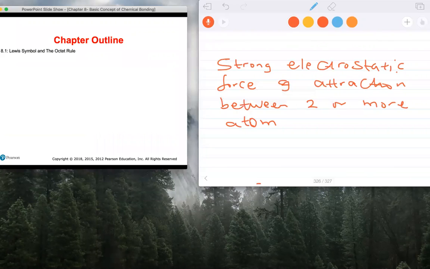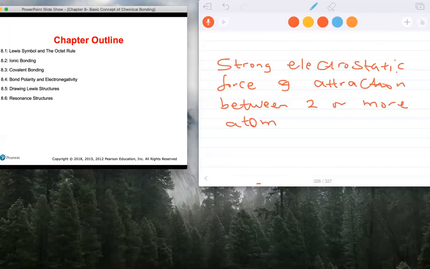One, we're gonna look at the Lewis symbols and the octet rule. I'm gonna talk in detail about that in 8.2. Ionic bonding, covalent bonding, 8.3, polarity and electronegativity as a trend on the periodic table. 8.5, we look at how to draw the Lewis structures of atoms and resonance structures, which is basically the structures of the same compounds having different positions of either double bond or triple bond.